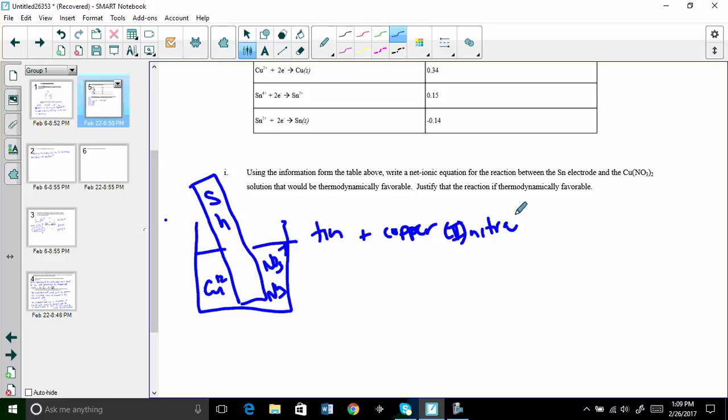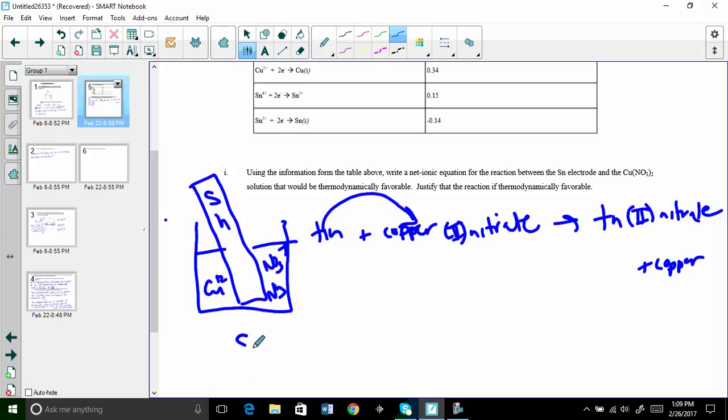And then tin comes in and says, hey, copper, I'm going to kick you out. And you get tin 2 nitrate plus copper. So this equation is tin plus CuNO3 goes to SnNO3 plus Cu, and that happens to be balanced.